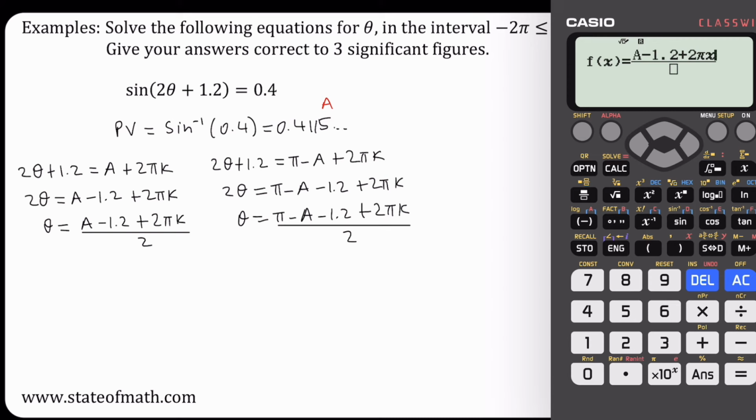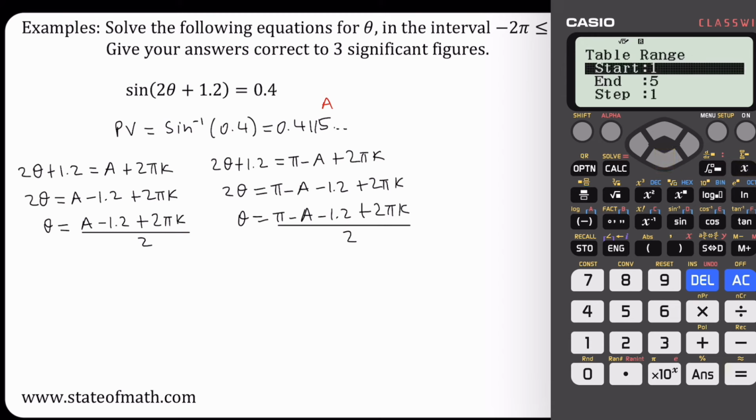Now x assumes the role of k. And for g of x, I'm going to put the second equation, so it's going to be (pi - A - 1.2 + 2 pi x), and all of it divided by 2.